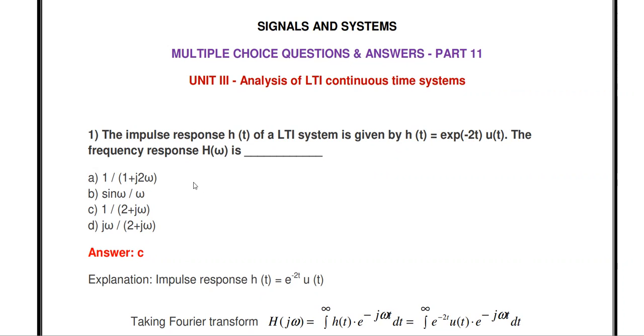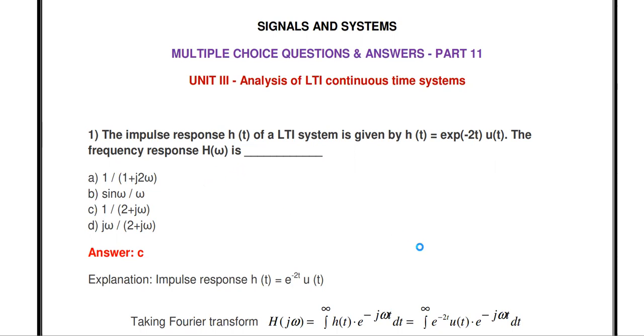Fourier transform. The first question: the impulse response h of t of the LTI system is given by h of t equal to e power minus 2t u of t. The frequency response h of omega is dash. If the impulse response of the system is given, how do we calculate the frequency response h of omega?